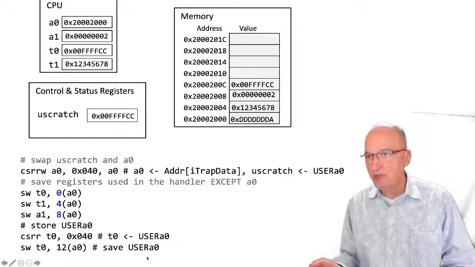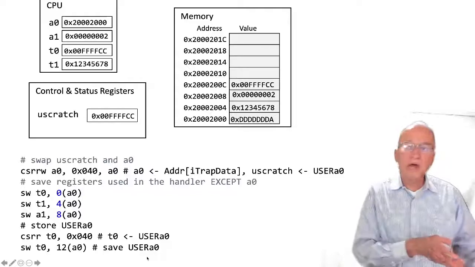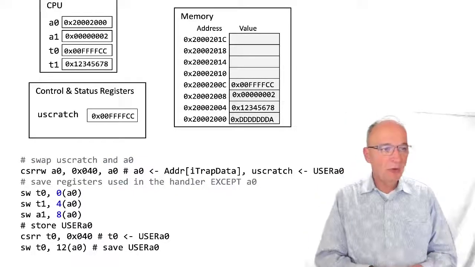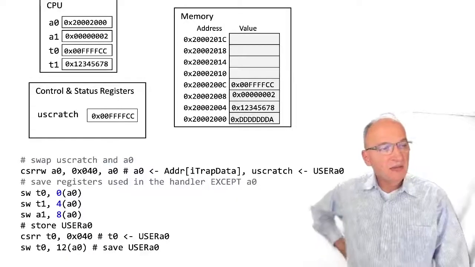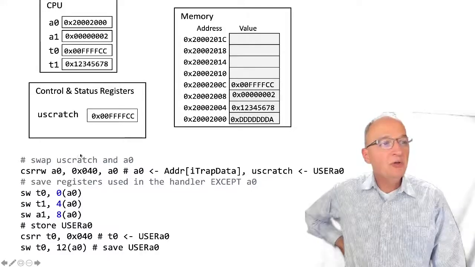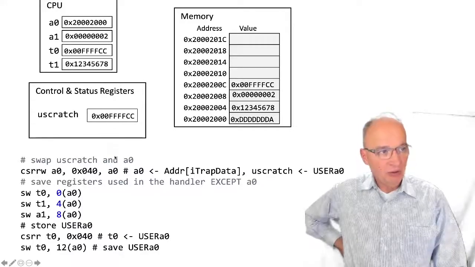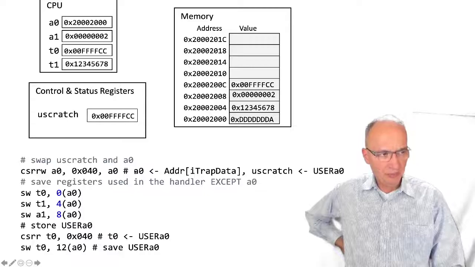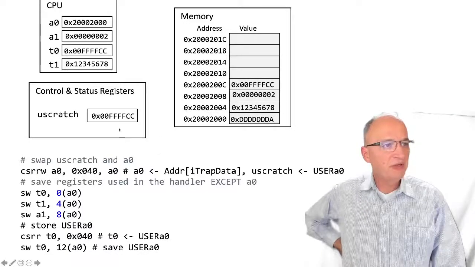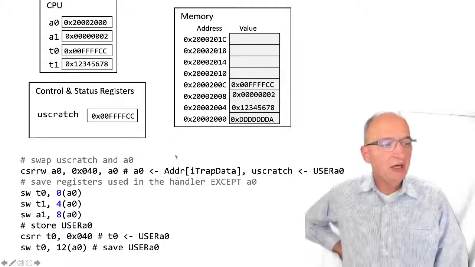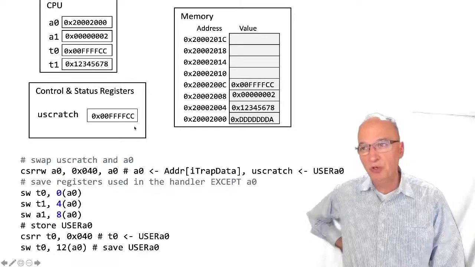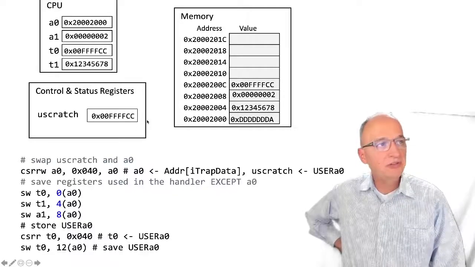now I'm going to enable exceptions so that they can happen while I'm doing my print. If a second exception were to happen at that point, that second exception would bring me to this point here, where I would again take the value that is in the uScratch. Actually, in this case, the value in uScratch would be incorrect. But if I had restored the value of uScratch before enabling exceptions, I would take the value of uScratch.